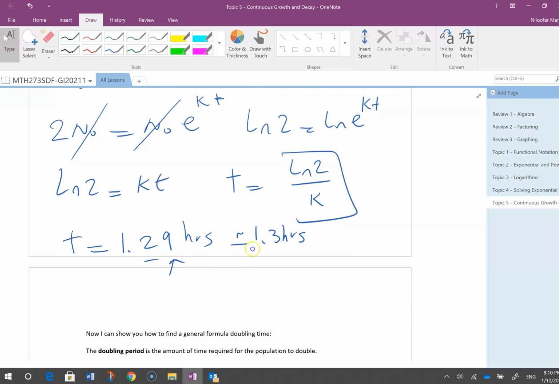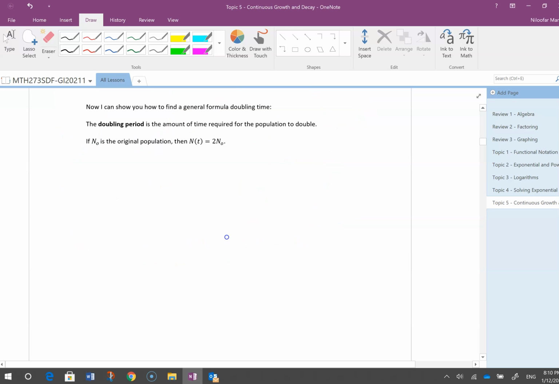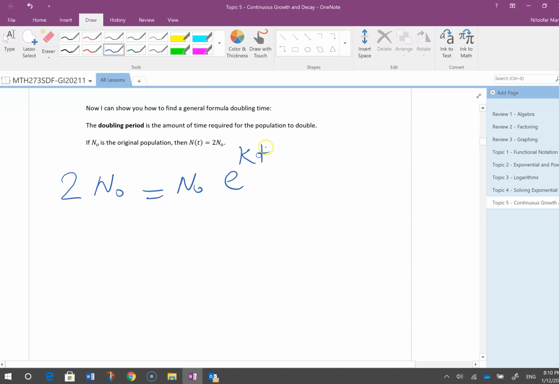So now I can show how to find the general formula for doubling time. I already did it here. This is 2n0 equals n0 e power kt. This and this cancel each other, so ln 2 is kt ln e, which is 1.